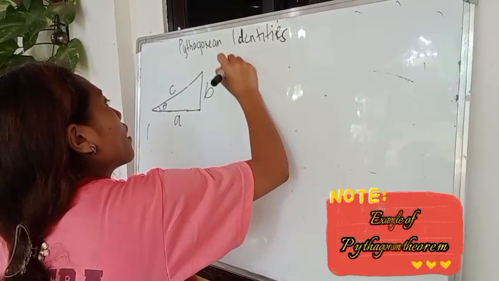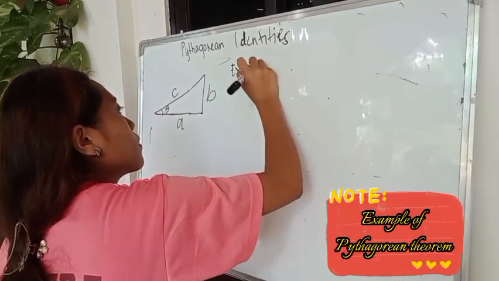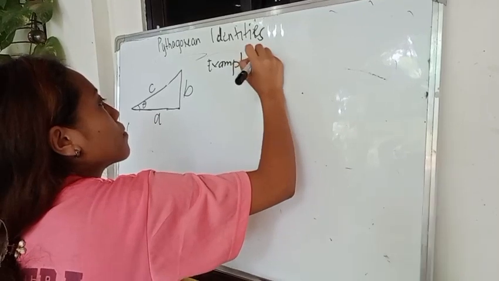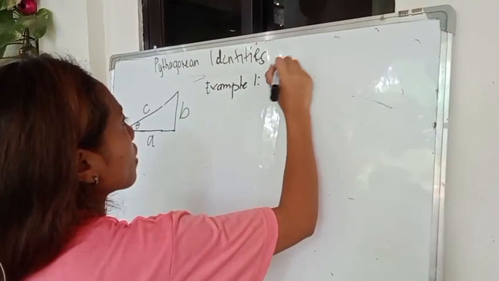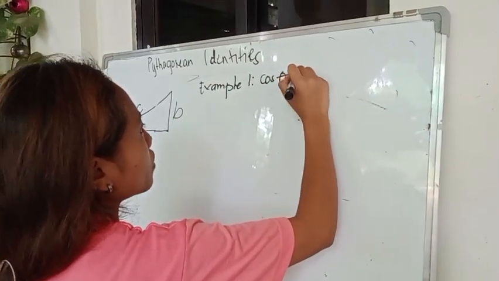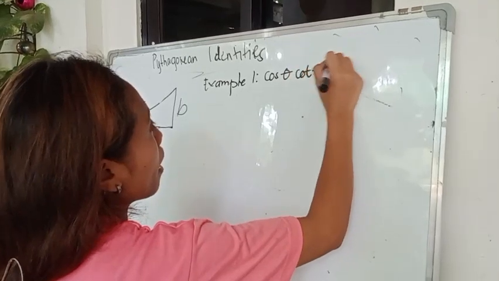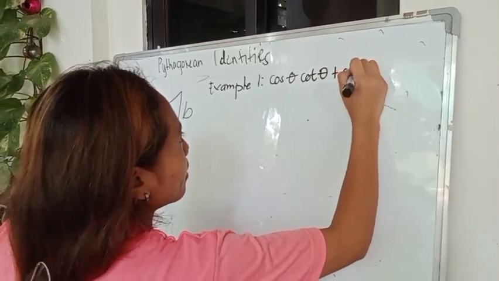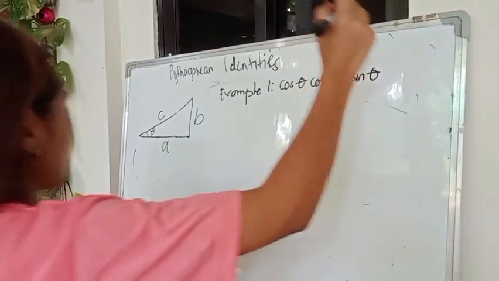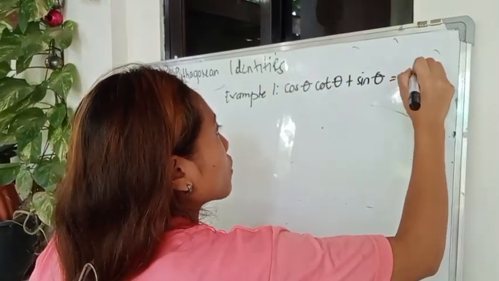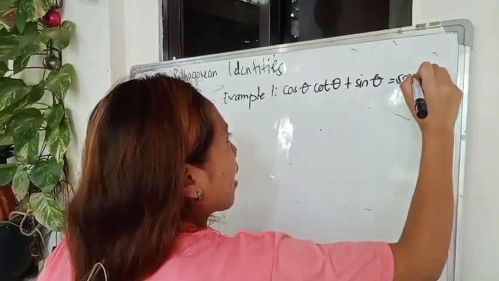Example number 1: cos theta times cotangent theta plus sine theta is equal to cosecant theta.